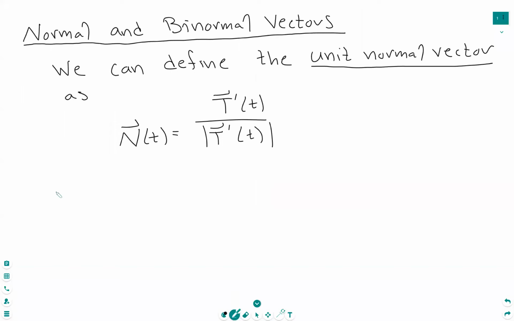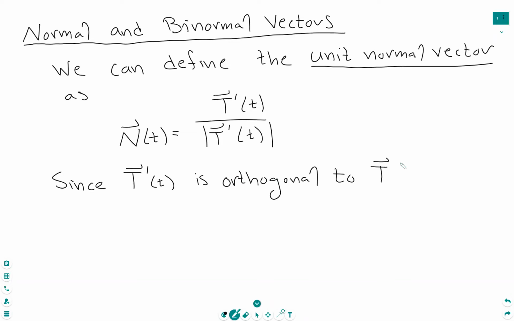Since T prime is orthogonal to T, right? That's something we talked about above. When we have a constant length vector function, its derivative is always going to be orthogonal to it.